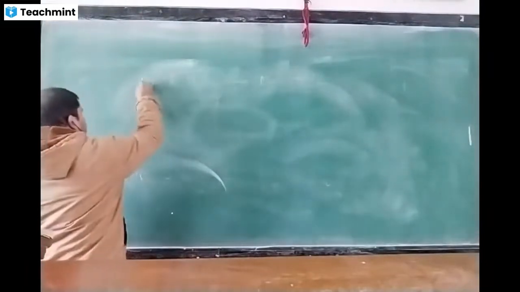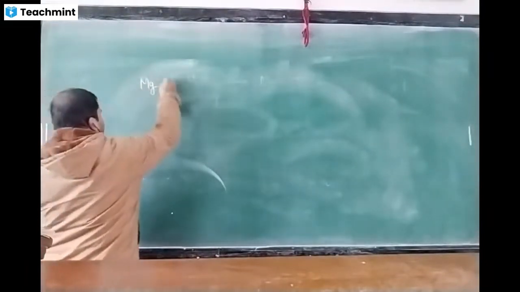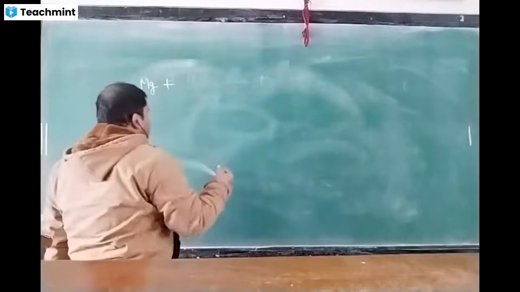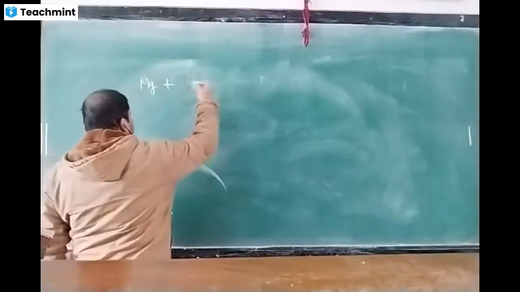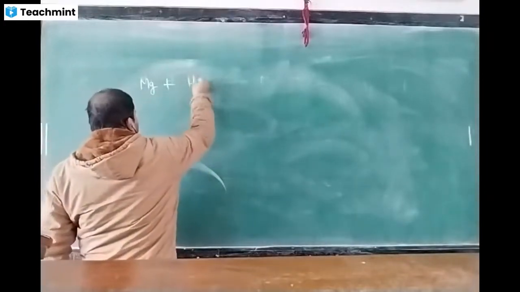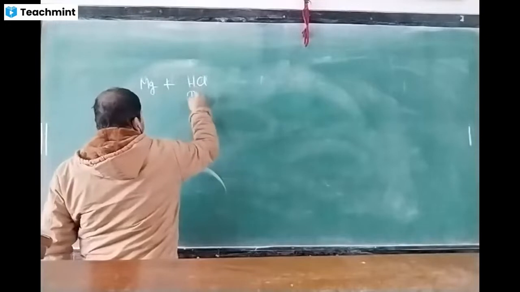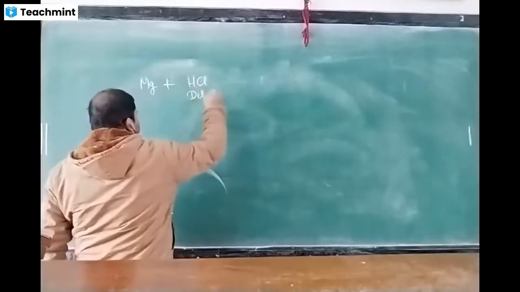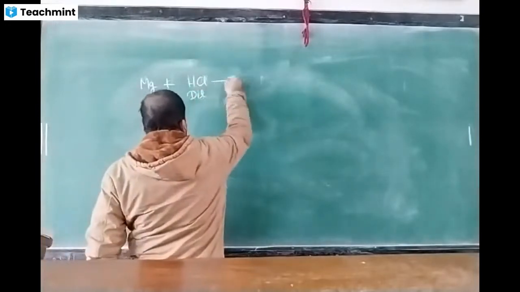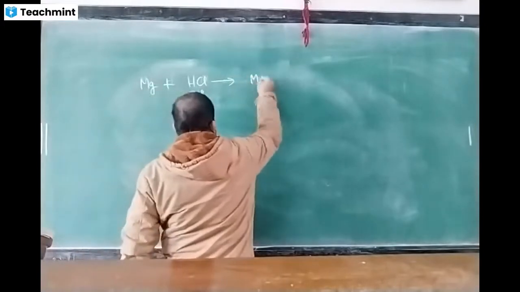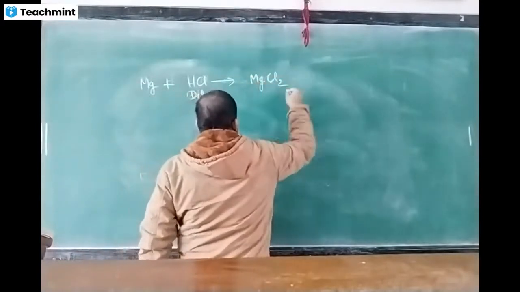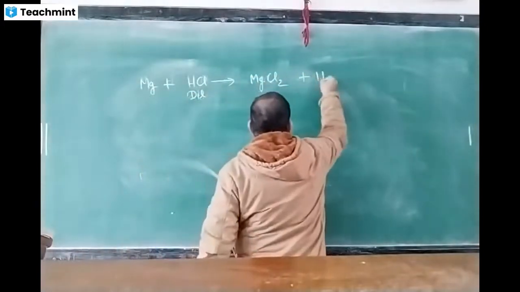So here, when magnesium reacts with dilute acid, we will take dilute HCl or H2SO4. Writing "dilute" here is necessary. We get magnesium chloride, MgCl2, plus hydrogen gas.